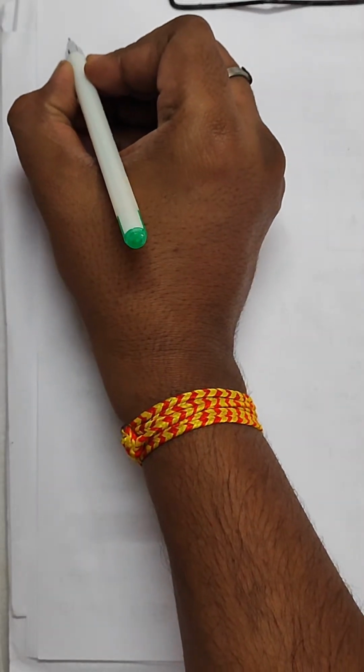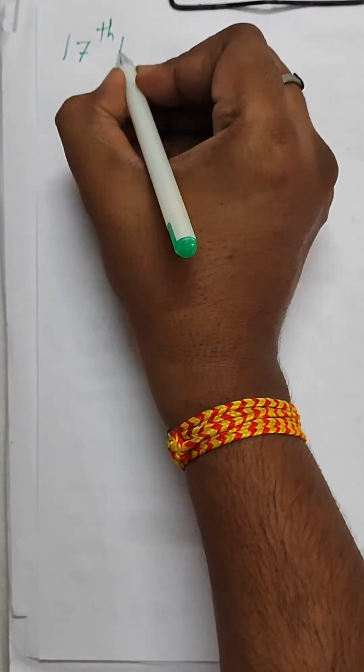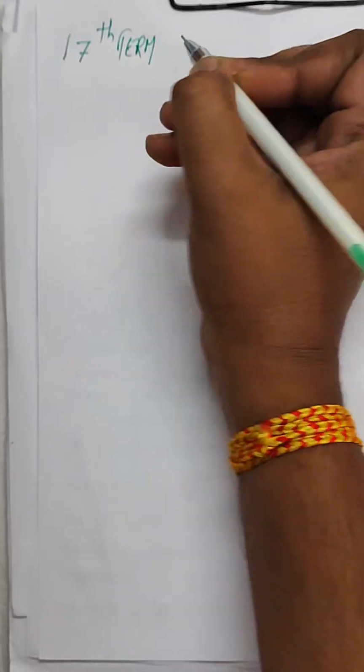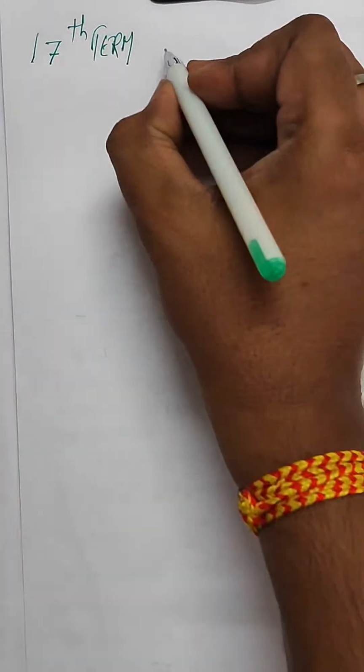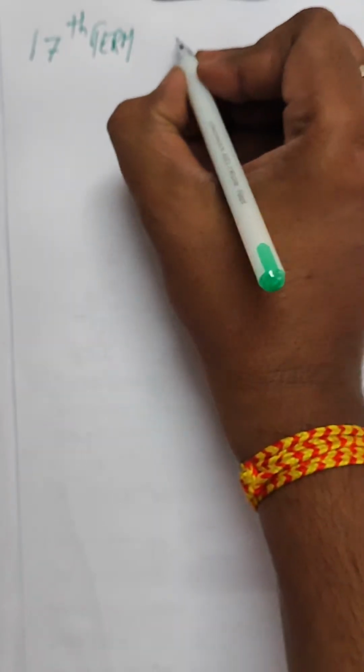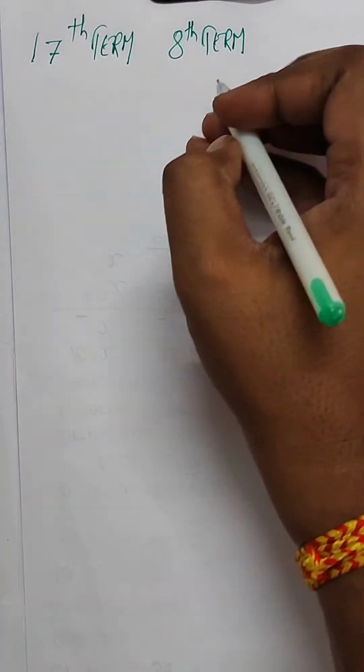So the question is given that the 17th term and the 8th term, right? So the 17th term of the AP is 5 more than twice its 8th term.